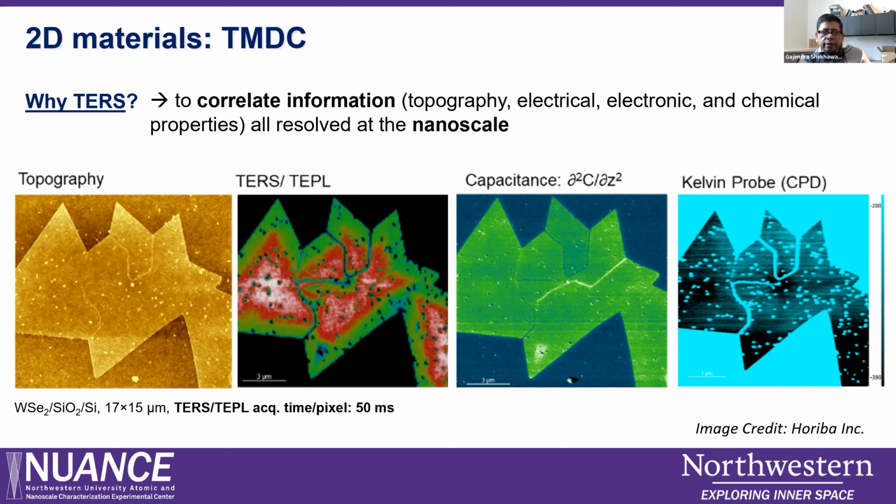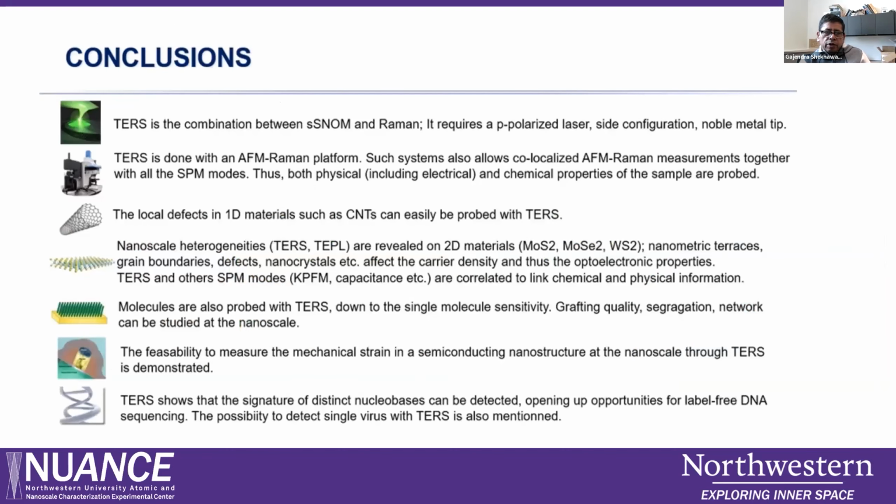In summary, by the way, we are also getting scattering SNOM, scanning near-field optical microscope. That's also part of the instrument. So TERS is basically a combination of both SNOM and Raman. With SNOM, you can get pretty high-resolution optical images.